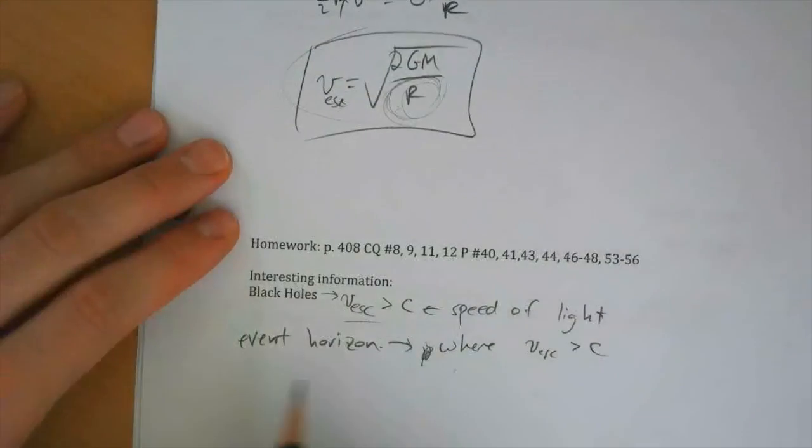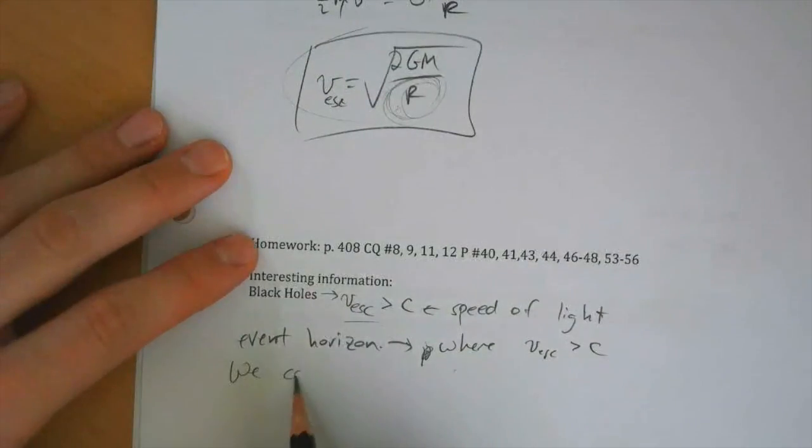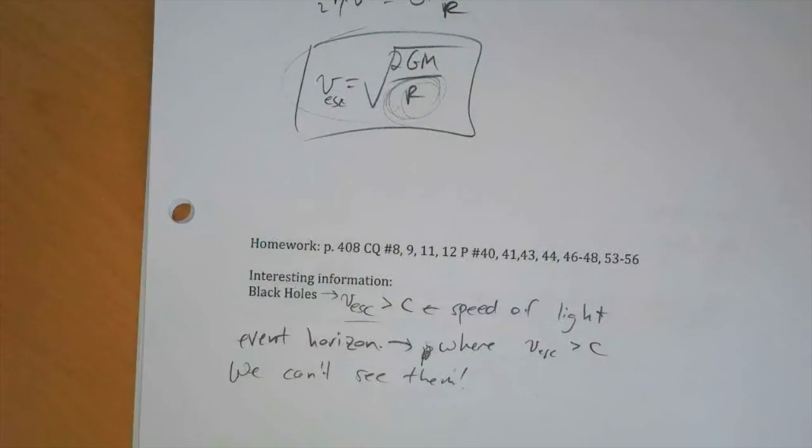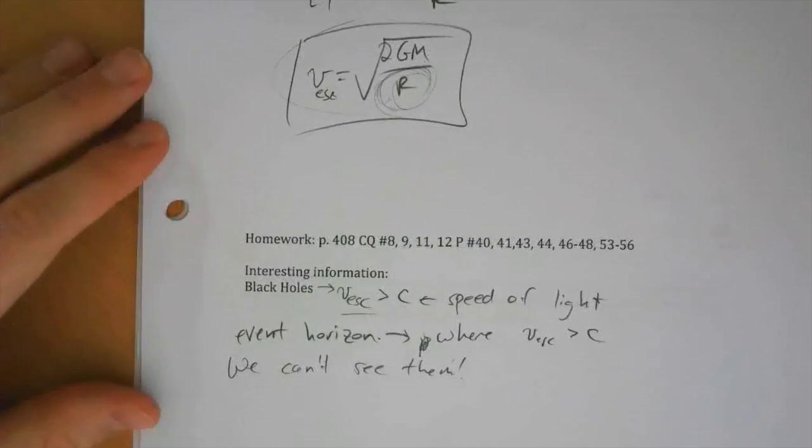Because light can't get out, we can't see them directly. Looking up in the sky, if there was a black hole near Earth, you wouldn't see the black hole. You would just see darkness, which is what you see in a lot of the sky anyway. So how do we detect black holes?